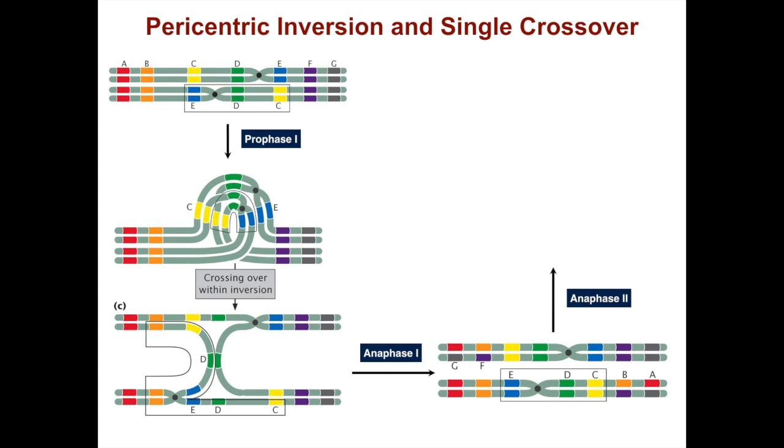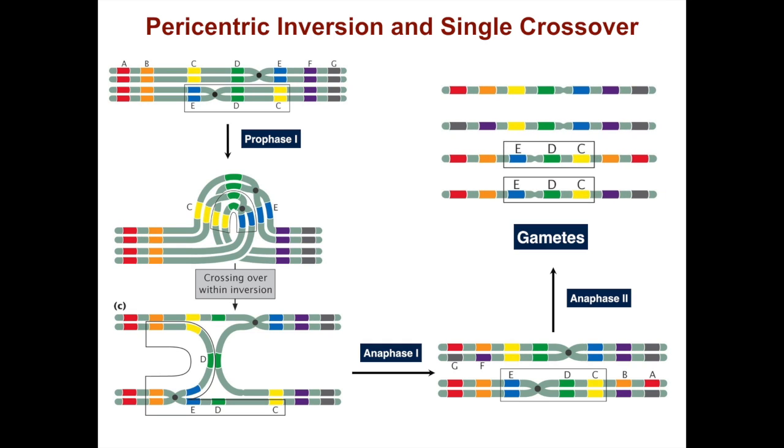So when the sister chromatids separate in anaphase 2, forming 4 gametes, not all of these gametes are viable.